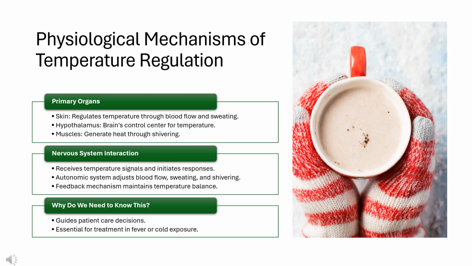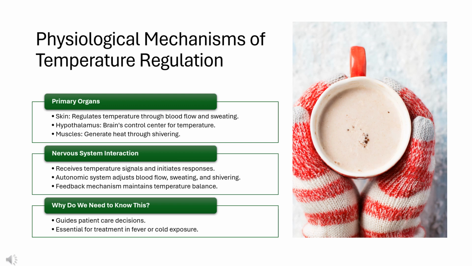First of all, the skin. The skin isn't just our body's largest organ, it's also a major player in how we react to the environment around us, especially when it comes to regulating our temperature. Here's how it works. When it gets hot, the blood vessels in the skin open up wider, a process called vasodilation. This allows more blood to flow close to the surface of the skin, letting more heat escape into the air.